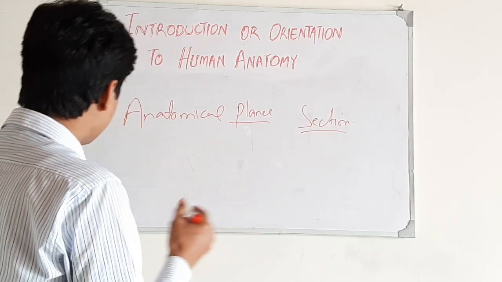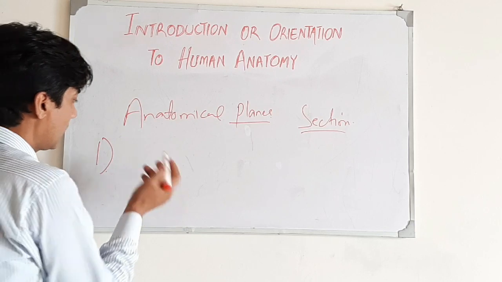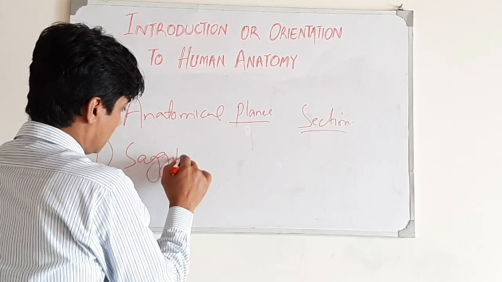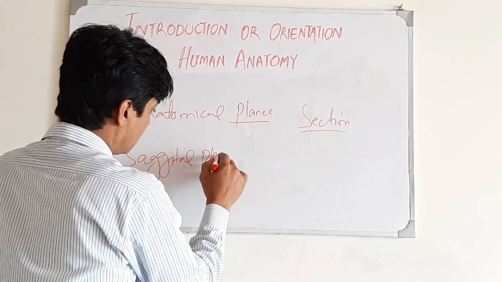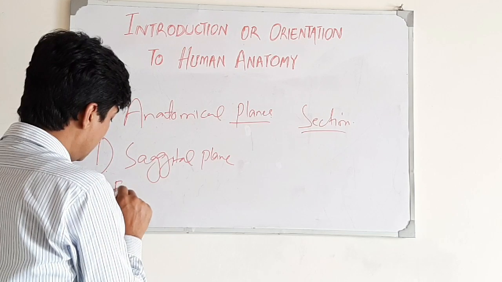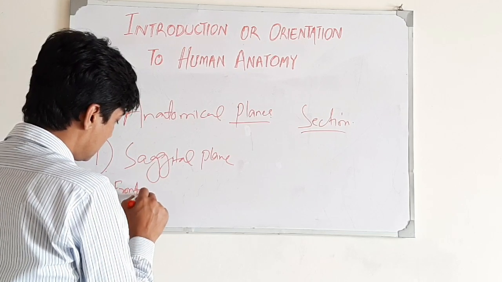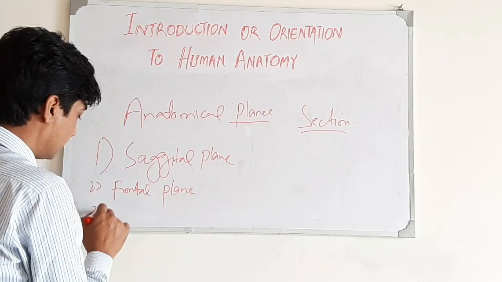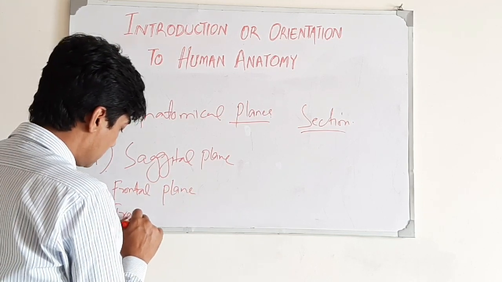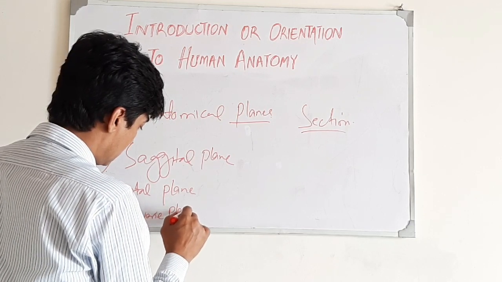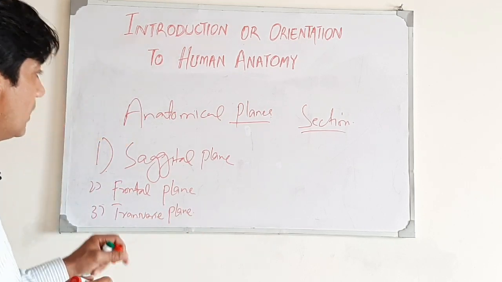First of all, sagittal plane, and the second is frontal plane, and third is transverse plane. These are the three anatomical planes.